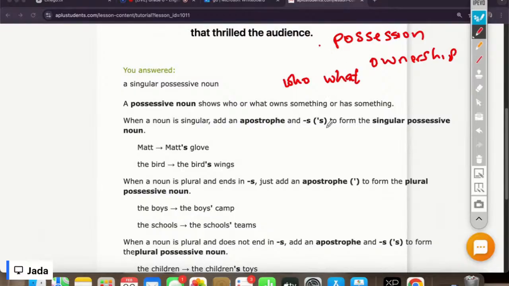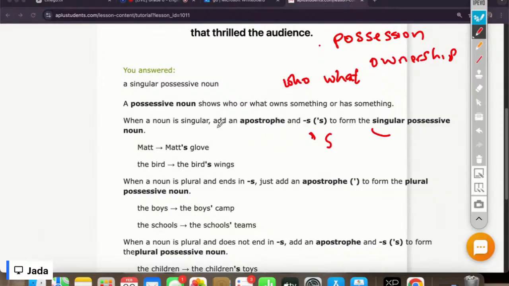It's either possession or ownership because it said who or what owns something or has something. Now when a noun is singular, you have to add an apostrophe and s to form the singular possessive noun.